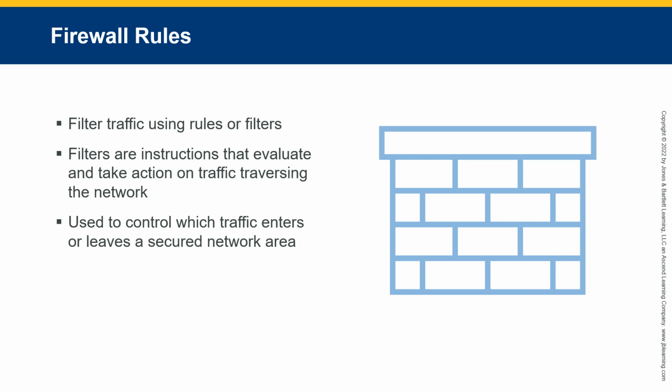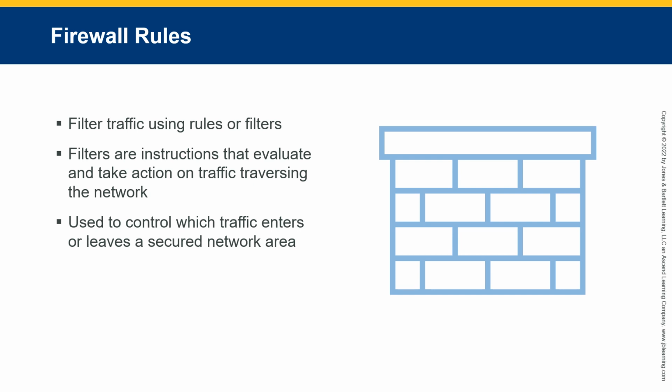So if source equals this network, and if destination equals this, and protocol equals this, and port equals this, then allow. That could be a firewall rule. So these are used to create how traffic is going in and out of a firewall.